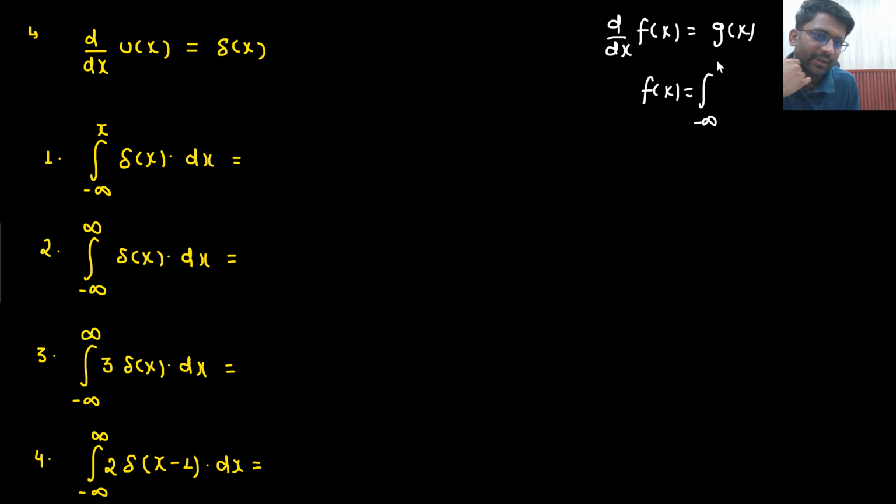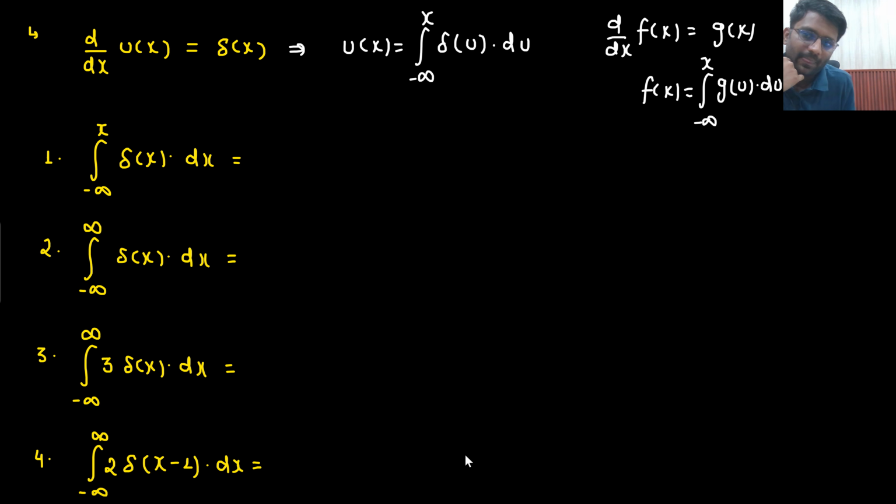That will be nothing but the integral from -infinity to x of g(u) du. Similarly, the value of u(x) will be the integral from -infinity to x of delta(u) du. That is equal to u(x).